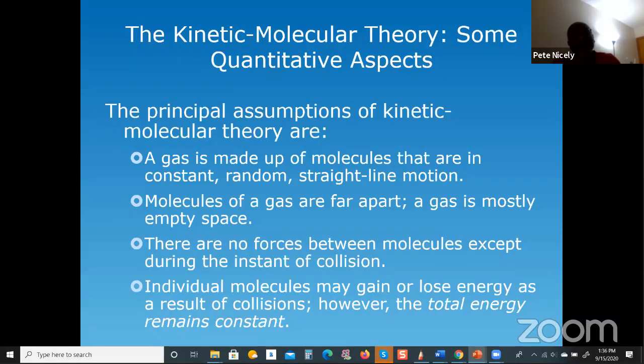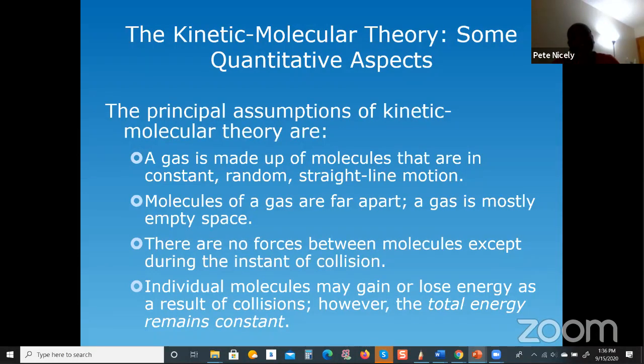A gas is made up of molecules that are always moving around at high speeds and in straight line motion. On average, the gas is mostly empty space because on average, the molecules are far apart from each other. Very important, the next assumption: there are no intermolecular forces between the molecules, except when they collide with each other.